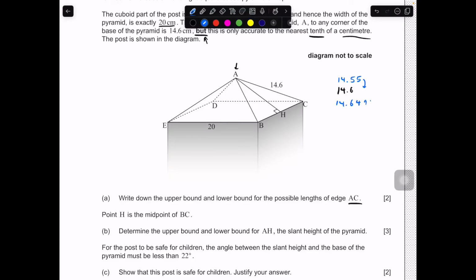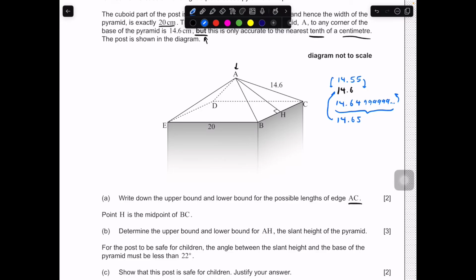And the question is, what if it's 6.499999, and so on? Then technically we would still round down. And because 14.64999999 going on to infinity is more or less equivalent to 14.65, that would be our upper bound.